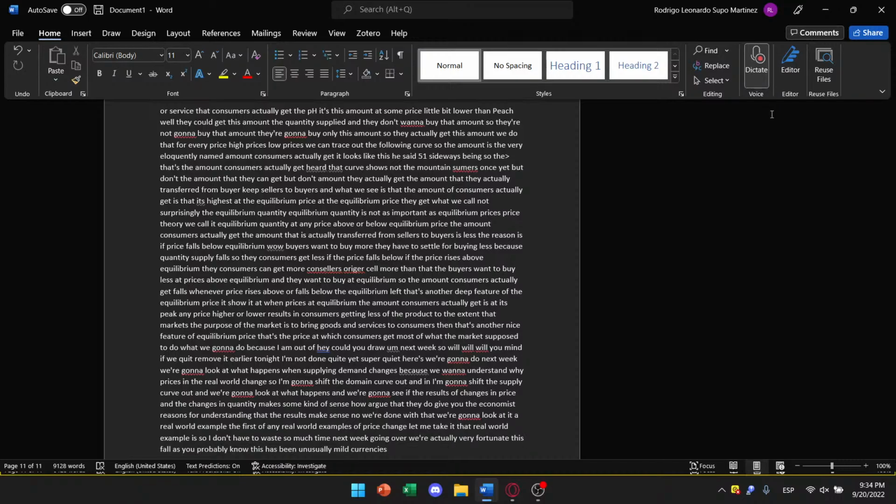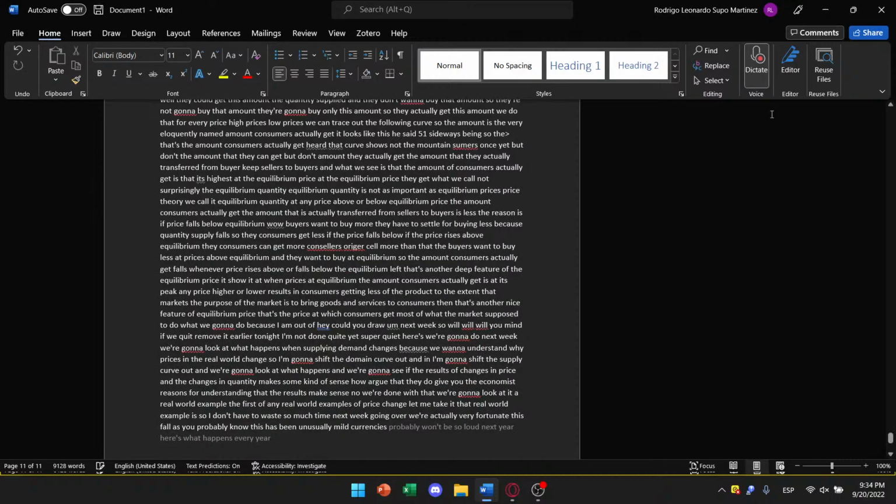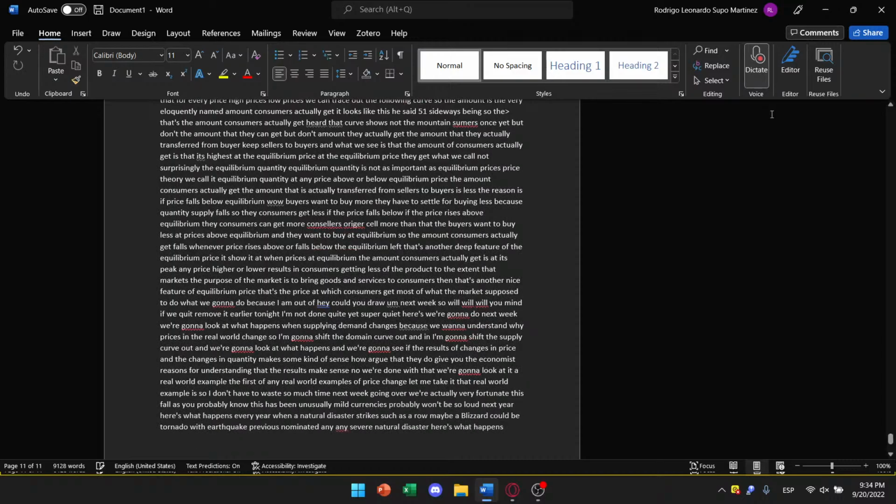Probably won't be so mild next year. Here's what happens every year when a natural disaster strikes, such as a hurricane. It can be a blizzard, a tornado, an earthquake, a tsunami, any severe natural disaster. Everybody knows it: the prices of some goods go way up, then they eventually fall back down.